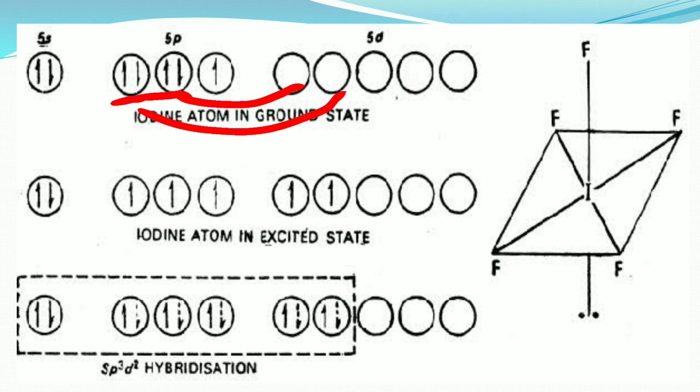Then the 1 s orbital, 3 p orbitals and 2 d orbitals combine together, and there is a formation of new hybrid orbitals, that is called sp3d2 hybrid orbitals. In this hybridization only one is the electron pair and 5 are the bond pairs. That's why the structure is square pyramid and the geometry is octahedron.